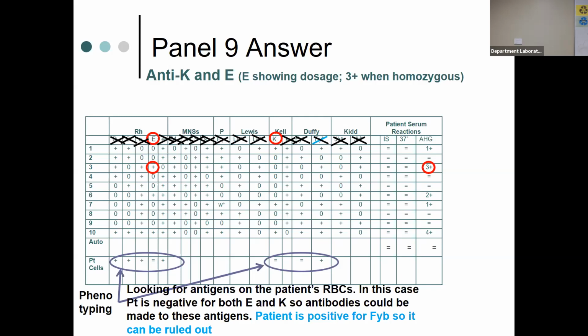Remember, heterozygous cells will give you a weaker reaction because there are less antigen sites on that cell for the patient antibody to bind to, okay? So that's why panel cell 1 is only Kel positive, giving us a weak reaction. Panel cell 7 is also Kel heterozygous and E negative, giving us a 1+ reaction as well.